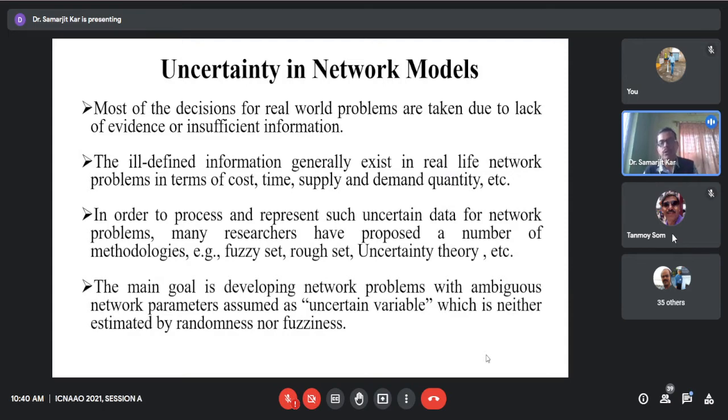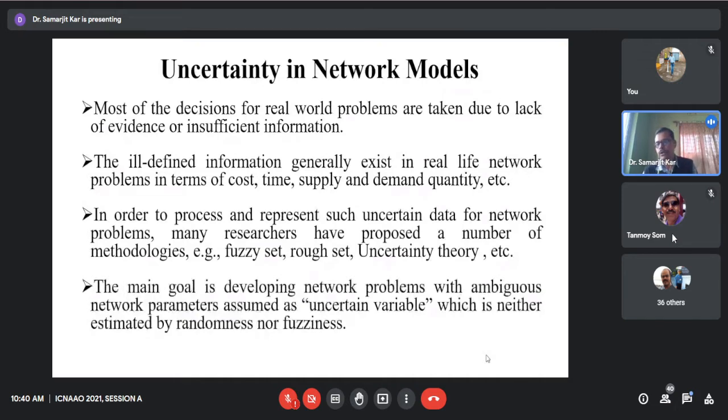Here the main goal is to develop network problems with different uncertain parameters as uncertain variables. For this particular problem, I use an uncertainty theory based approach, which we cannot deal with in either the stochastic approach or the fuzzy approach.